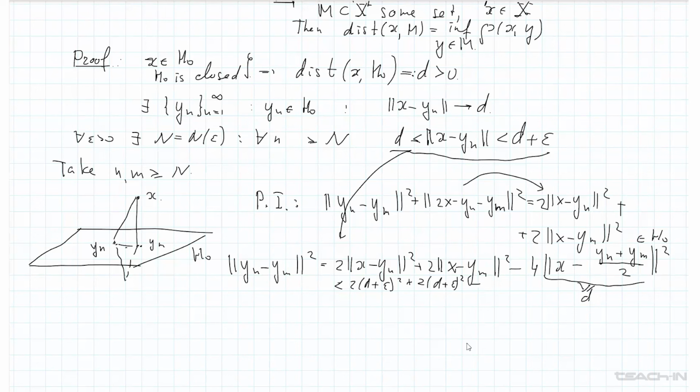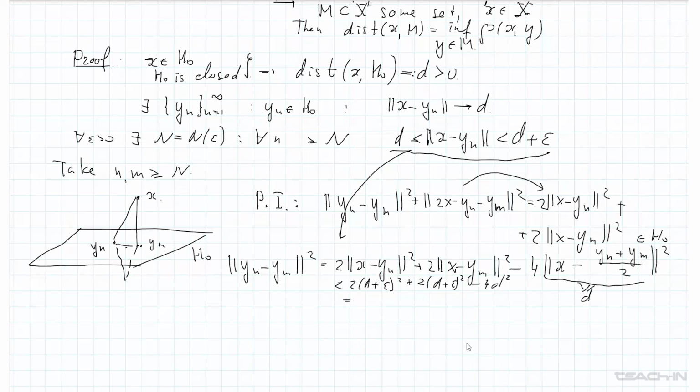So if we subtract the minimal possible, then we obtain this, and you can calculate that d squared is eliminated. Here we have 2d squared, here 2d squared, and this is minus 4d squared.